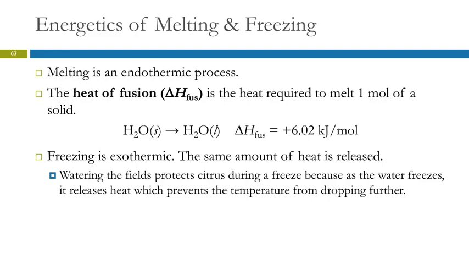The temperature there will not drop below that until all the water has frozen. And then you bring in some fans, these big wind machines, to help move that air around, and you can keep the temperature of the oranges above 26. So chemistry saving citrus fruit.